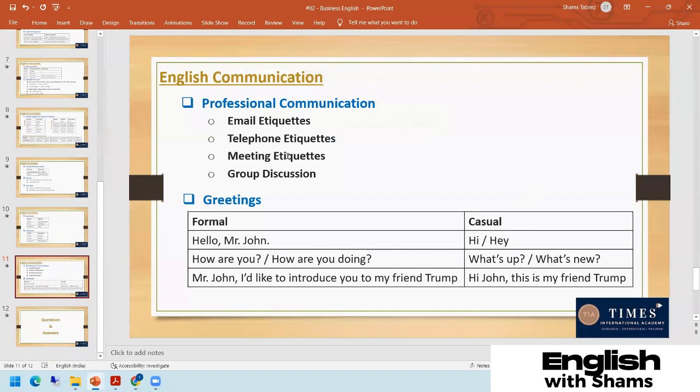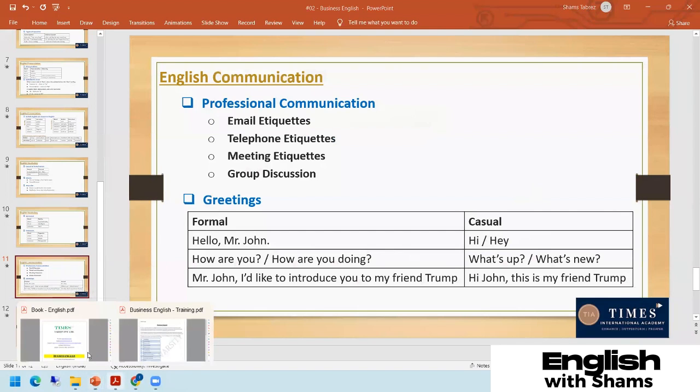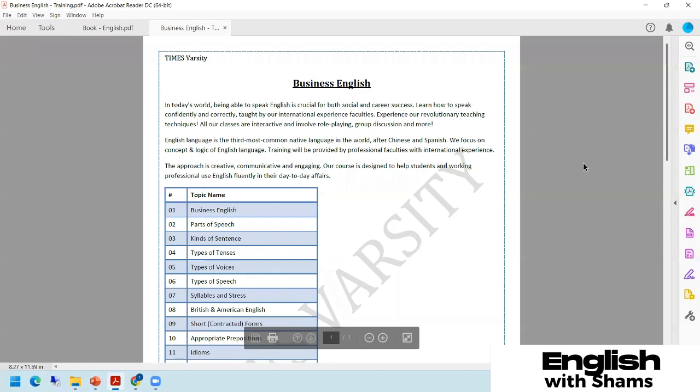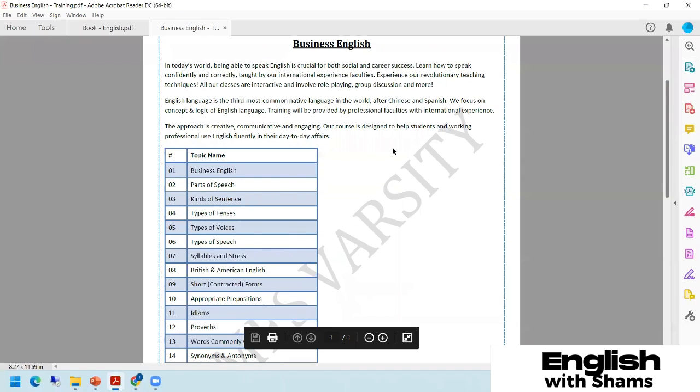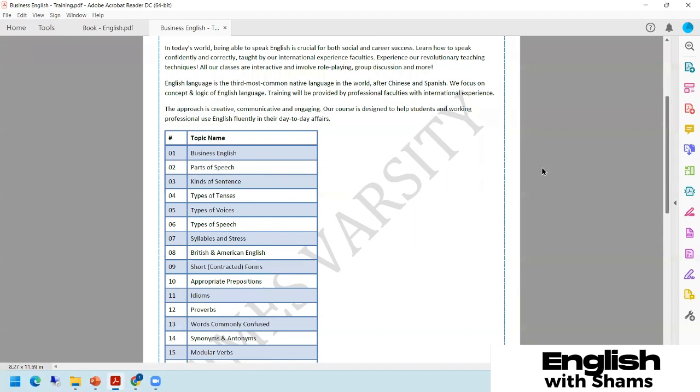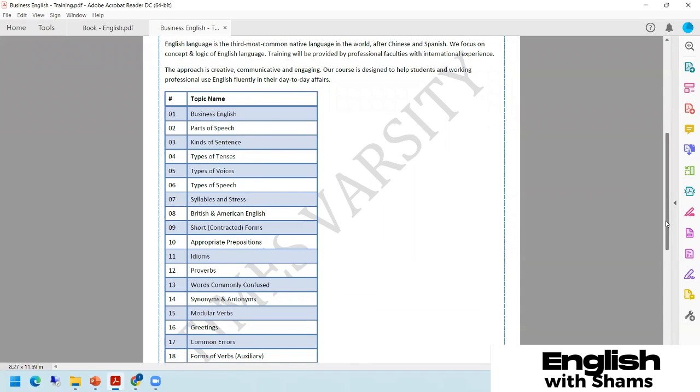This is what we are going to cover in our 45 hours business English training. Here we have topics like business English, parts of speech, kinds of sentence, types of tenses, types of voices, types of speech, syllables and stress, British and American English, short forms, appropriate prepositions, idiom, proverbs.